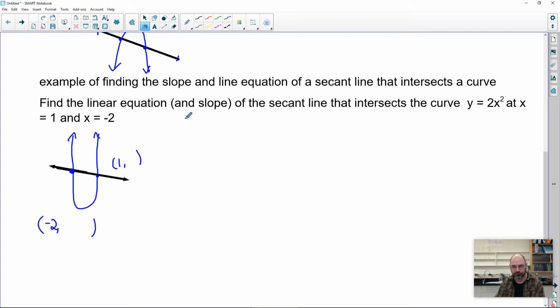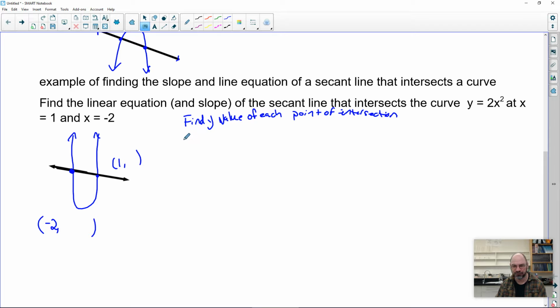Step 1. Find the y value of each point of intersection. You can do it with me or whatever. It's pretty simple.